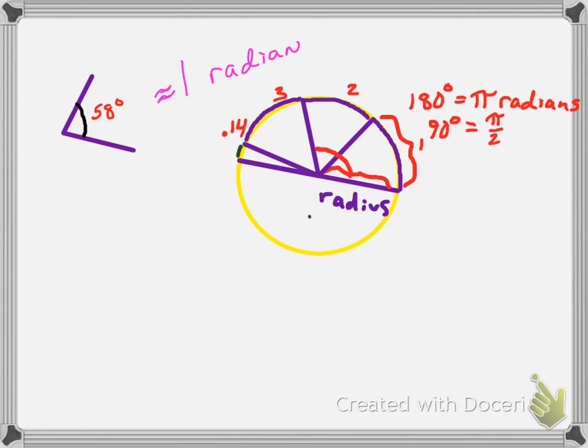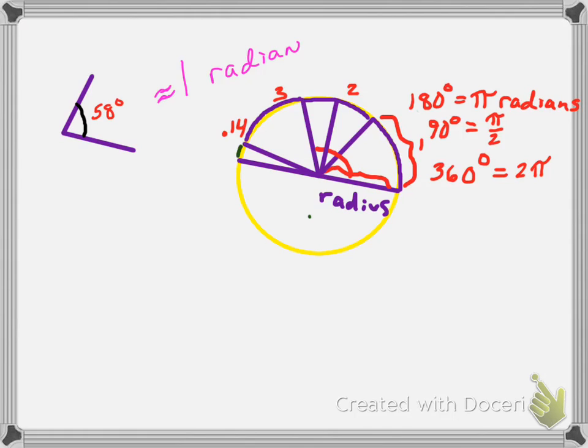Let me ask another one. How about 360 degrees? It would be pi times 2, which we should say is 2 pi radians. A full circle is 2 pi radians, because you've got pi on the top there, and then the bottom would be the same thing.